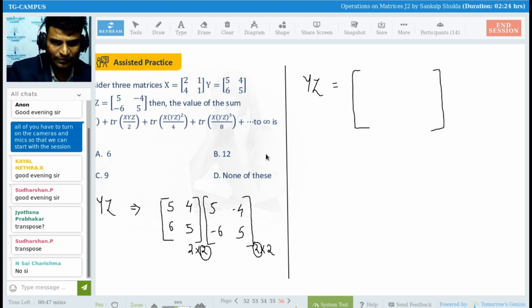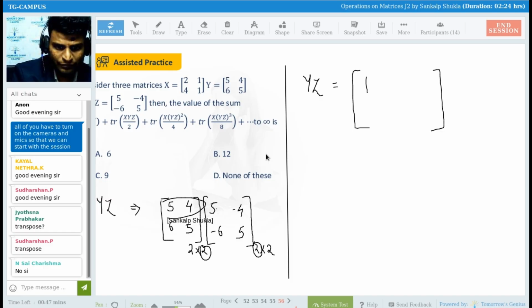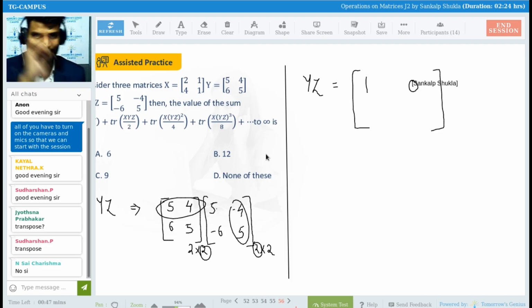Now first row, first column. So 5 into 5 plus 4 into minus 6. So that is 1. You all are able to perform multiplication now, because we are discussing this from the past one hour. Okay. So this is 1. Now A12 will be first row but second column. So 5 into minus 4 plus 4 into 5. Oh, it is 0, because it is minus 20 plus 20.